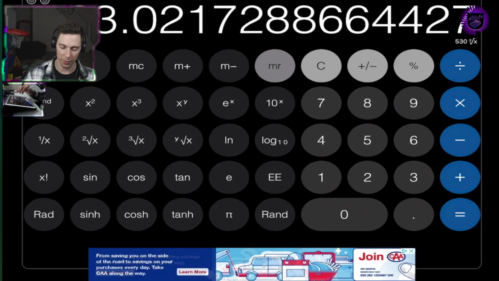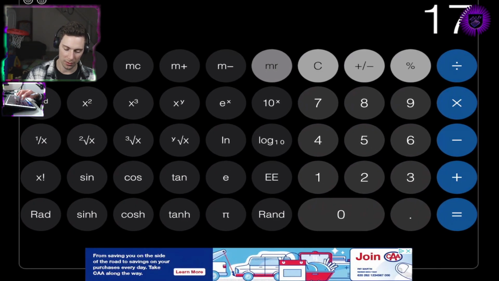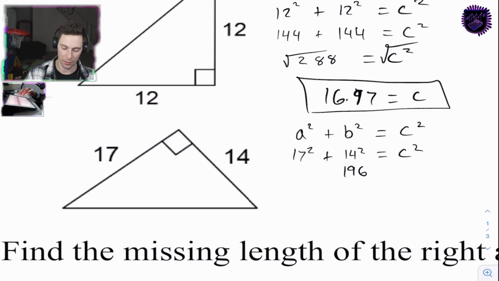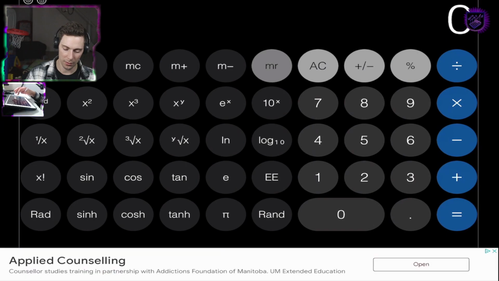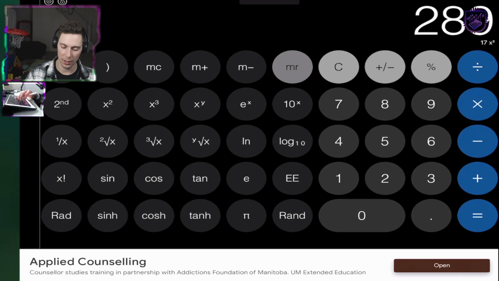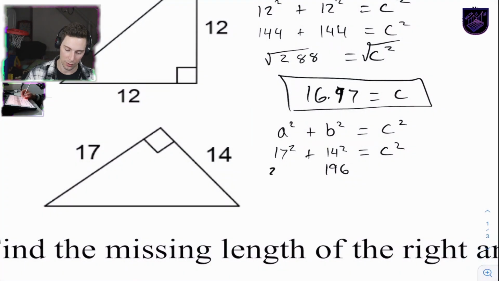I'm going to check both those. 17 squared, 289. 14 squared, 196, okay. I forgot 17 squared now. 17 squared is equal to 289. 289 plus 196 is equal to c squared.